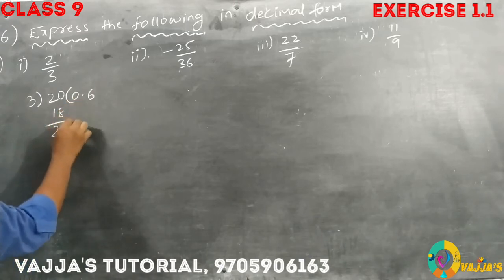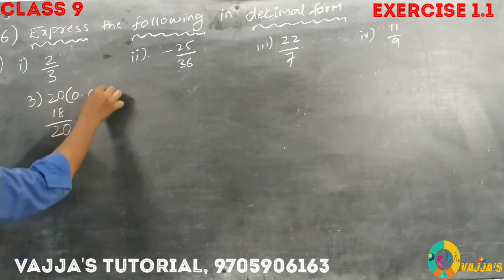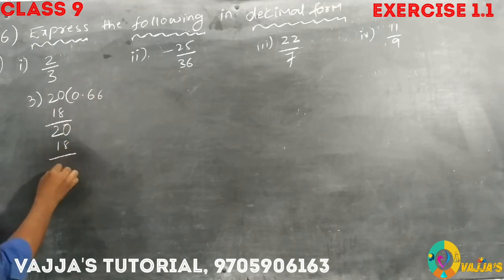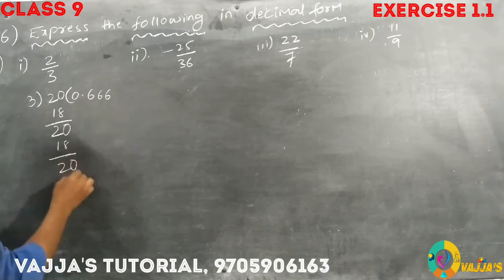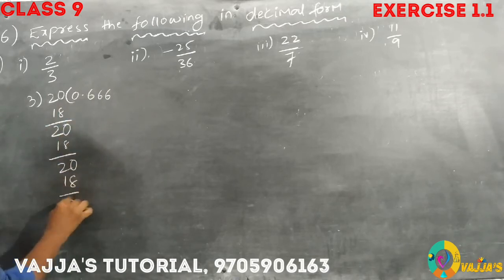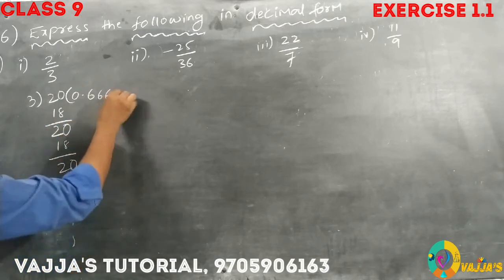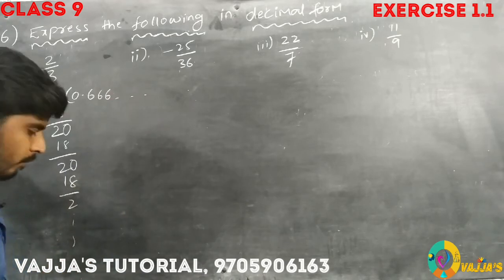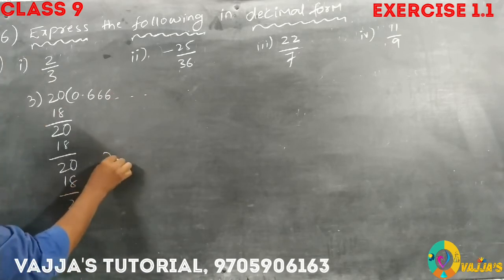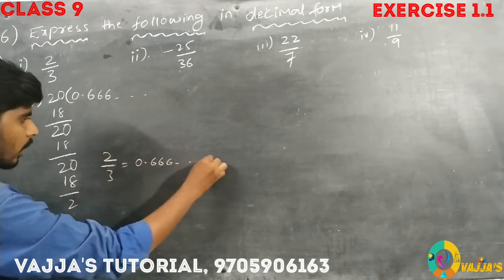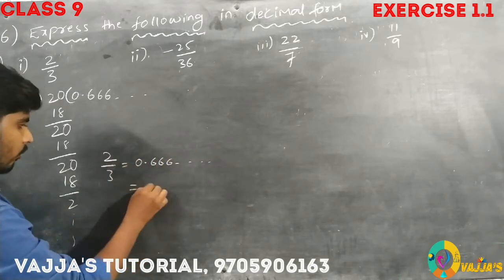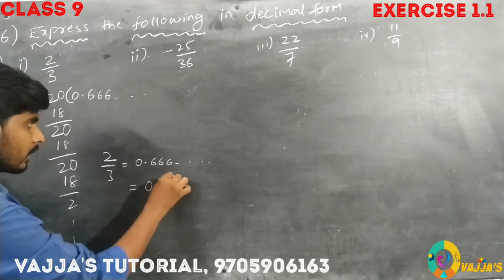Again take a 0 here, and again 3 6 18, 2 as it is. Take 0 again, 3 6 and 2, it will be repeated like this only. So 2 by 3 is equal to 0.666 and so on. We can write 0.6 bar.